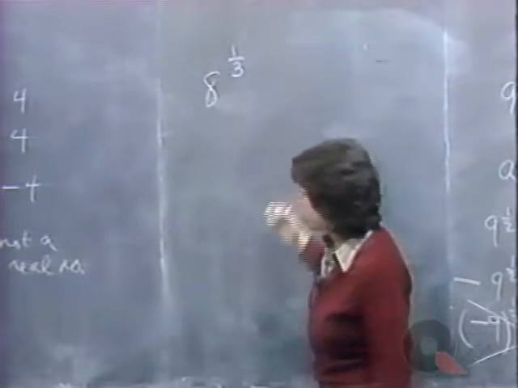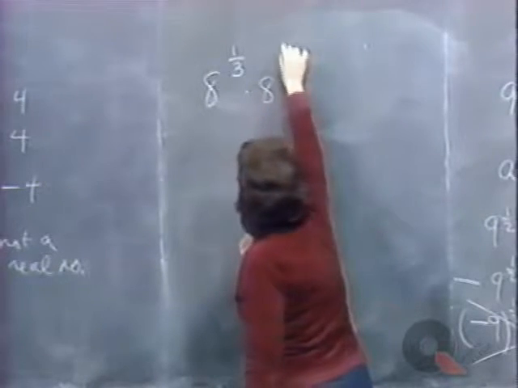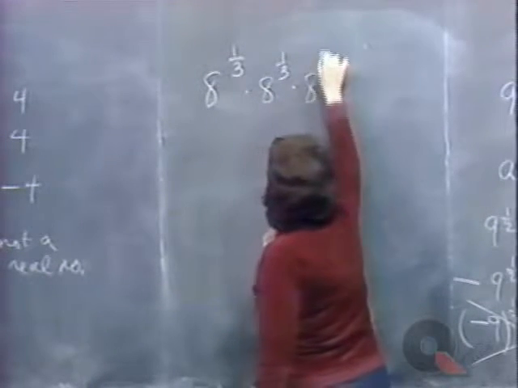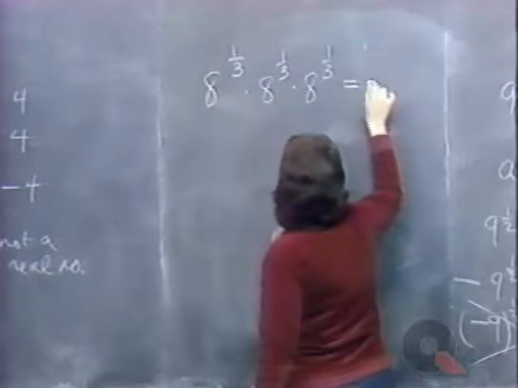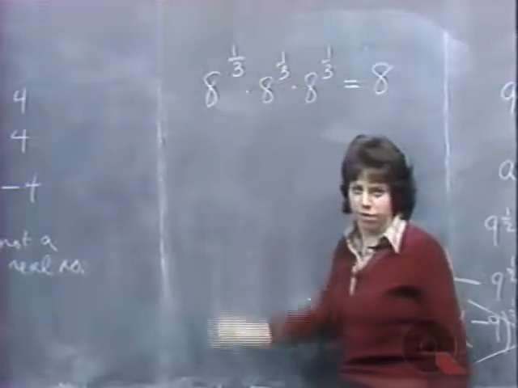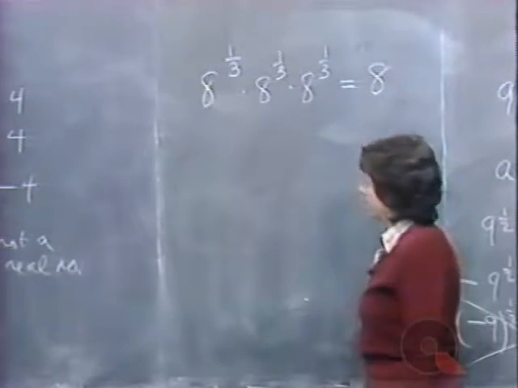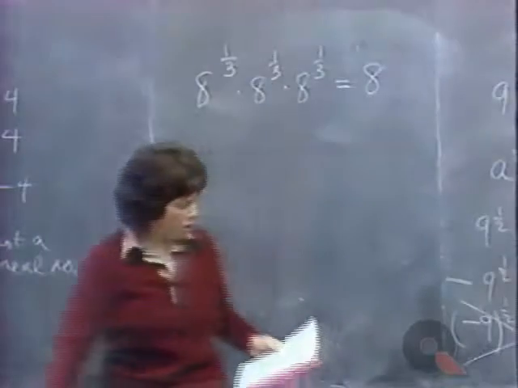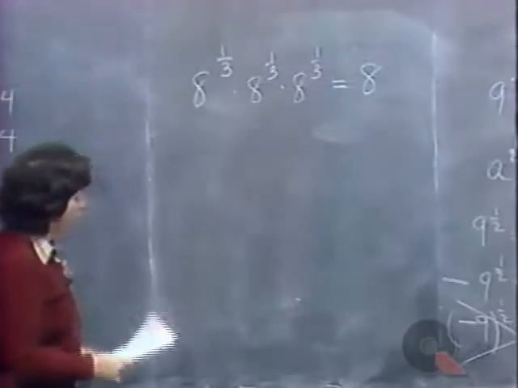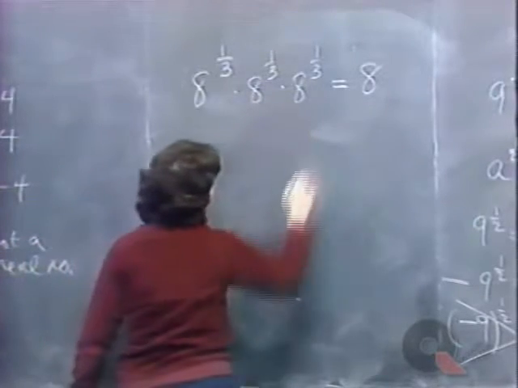In order for our rules for exponents to continue to hold true, 8 to the 1/3 times 8 to the 1/3 times 8 to the 1/3 must be equal to 8 to the 1/3 plus 1/3 plus 1/3, or 8 to the 3/3, or 8 to the 1, or just 8. That is, 8 to the 1/3 must be that number which, when multiplied by itself 3 times, gives us 8.